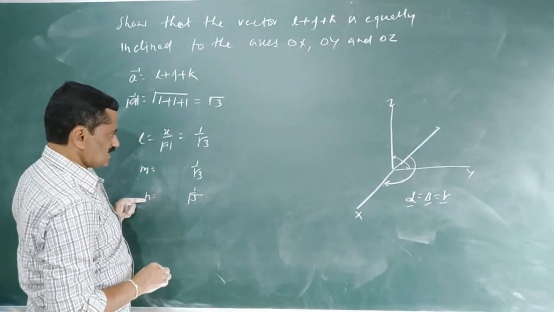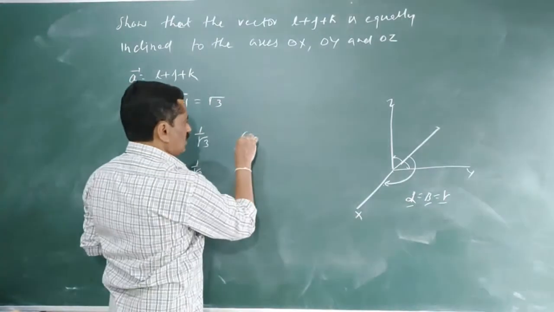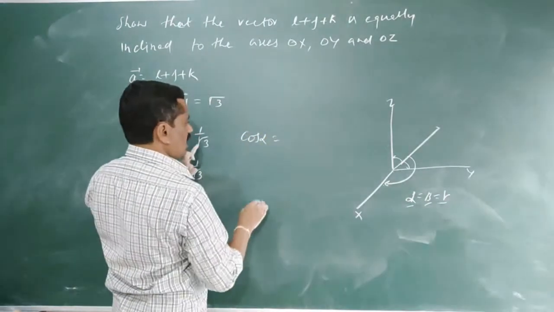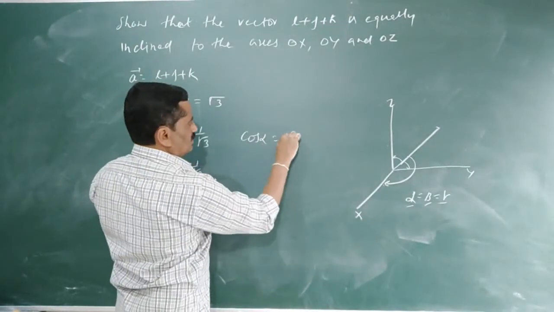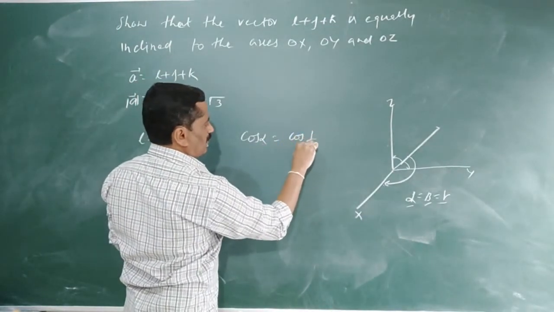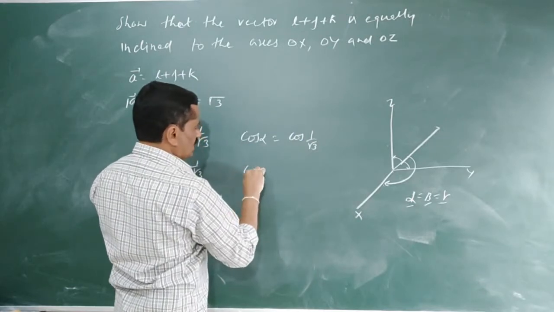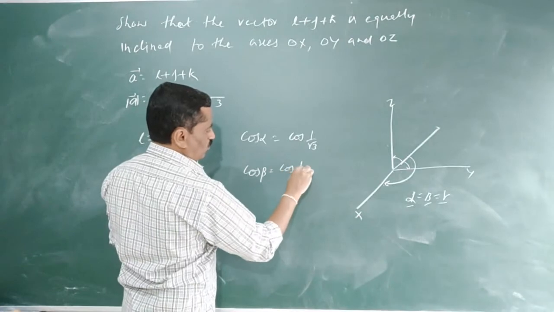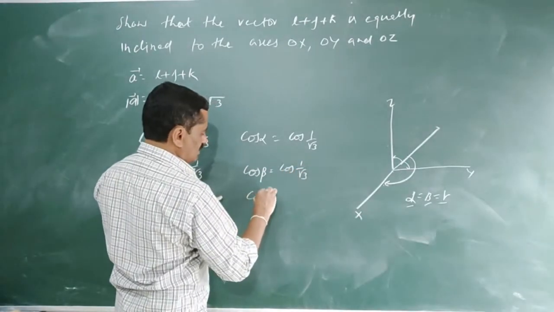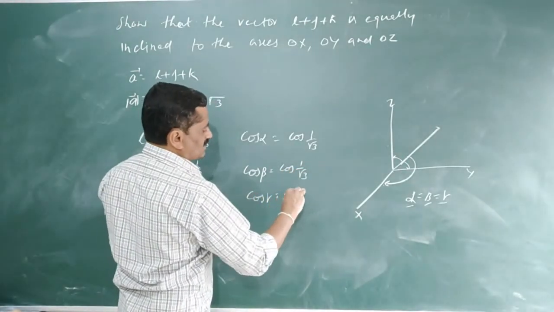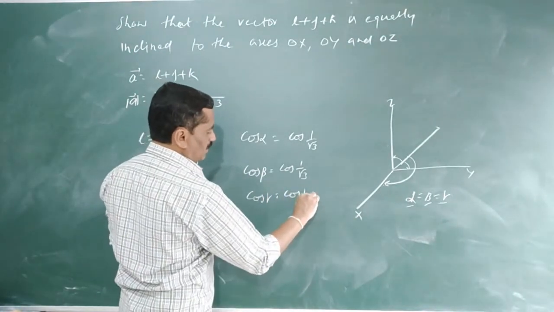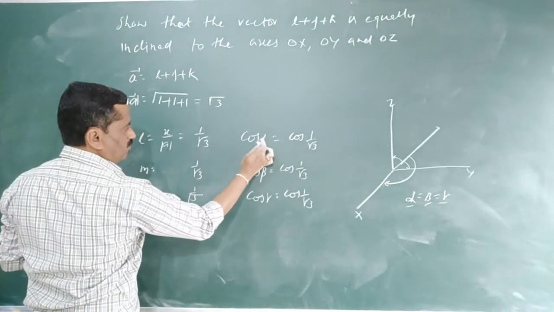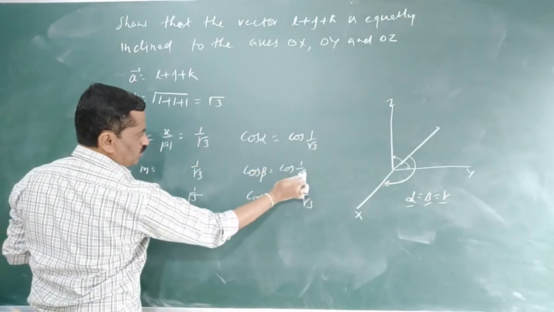So what are l, m, n? Direction cosines. We know that they can be written as cos alpha, which is equal to 1 by root 3.